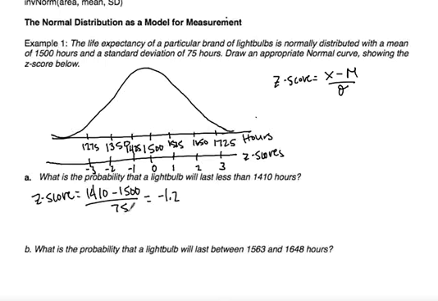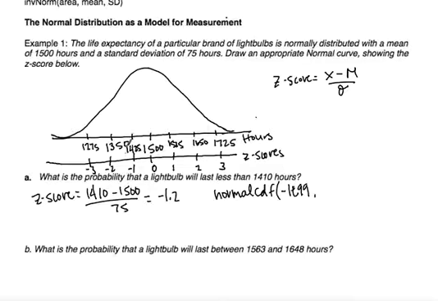So we could use the standard normal table and look for -1.2 and see what the probability was that way. Or we could do this on the calculator. If you do this on the calculator, you're going to use normal CDF, where your lower bound is negative 1e99, so negative infinity.